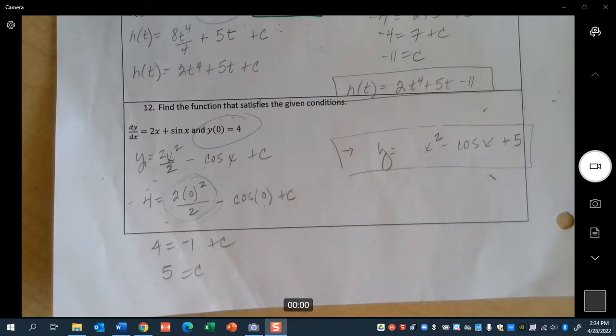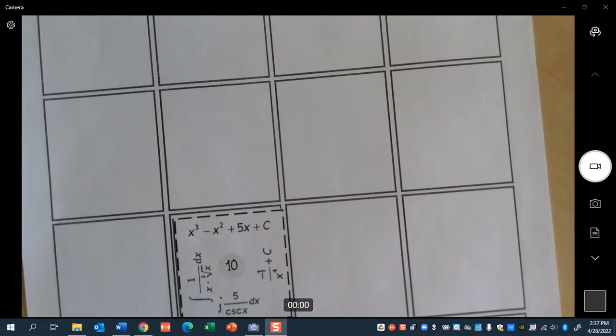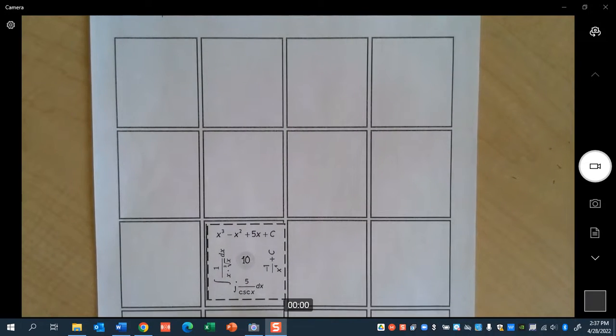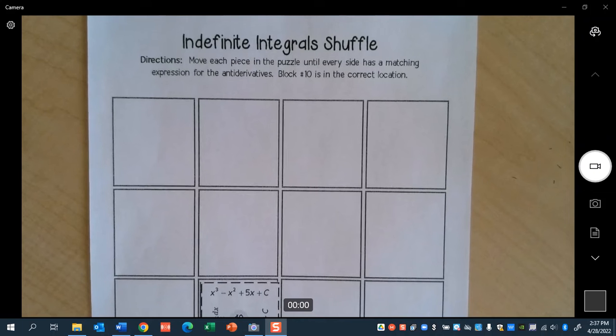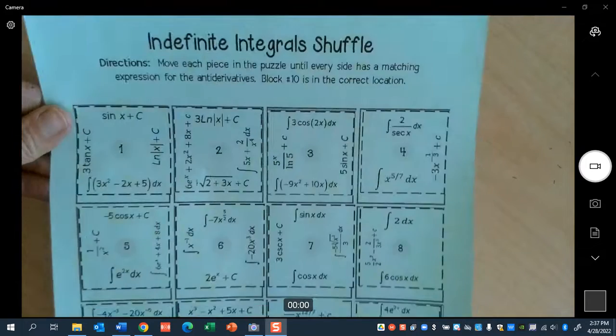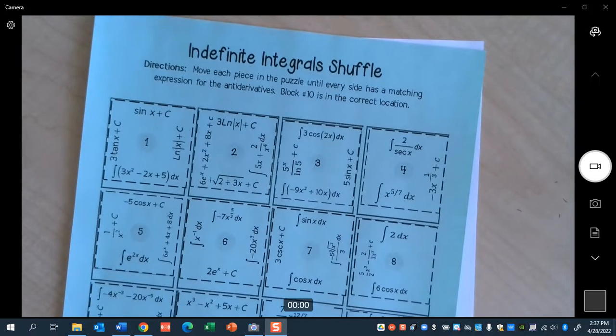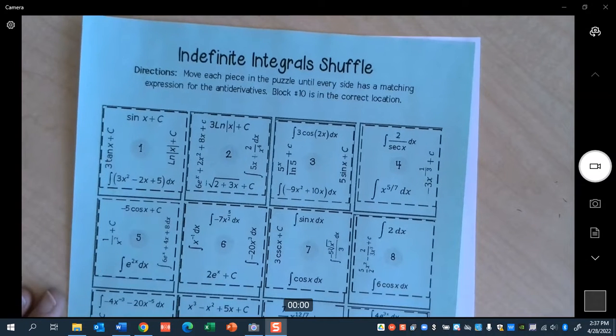Yeah. Nice. Okay, so here's what's next. Here is the sheet. I'll make it nice and big. It's this indefinite integrals shuffle. Instead of doing it online, I like paper better. So you're cutting out each of these integral squares, 1, 2, 3, 4, 5, 6, 7, all the way up to 16.